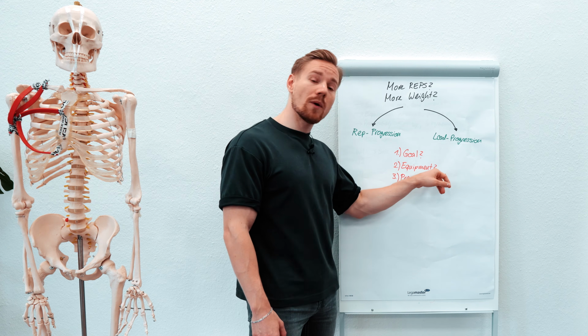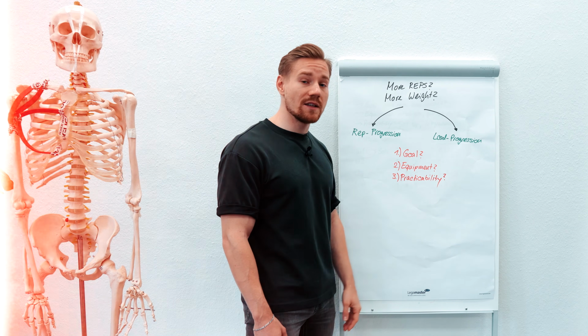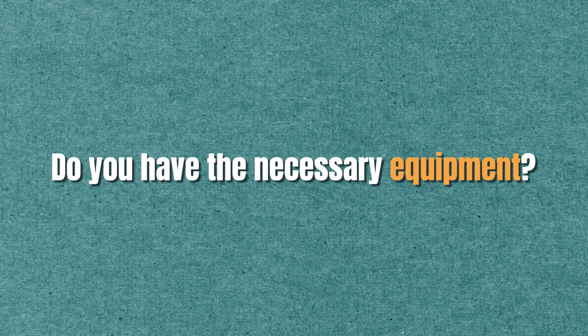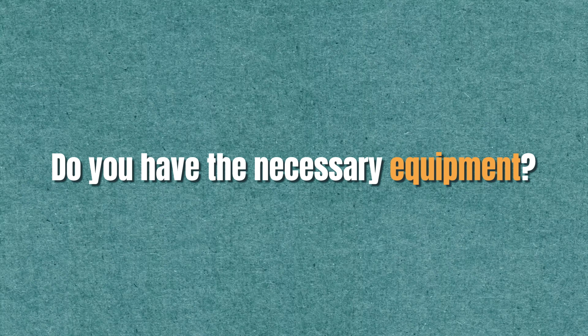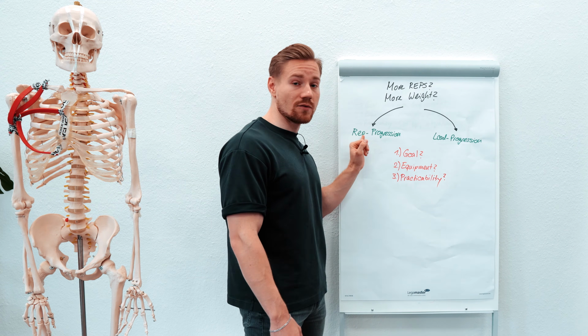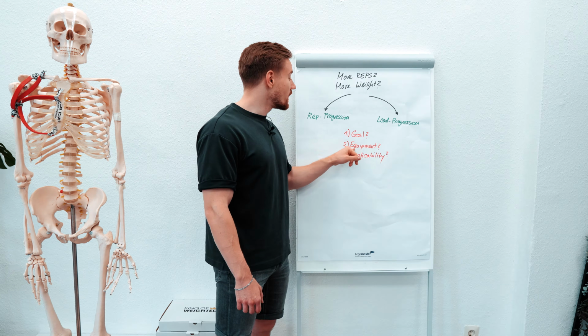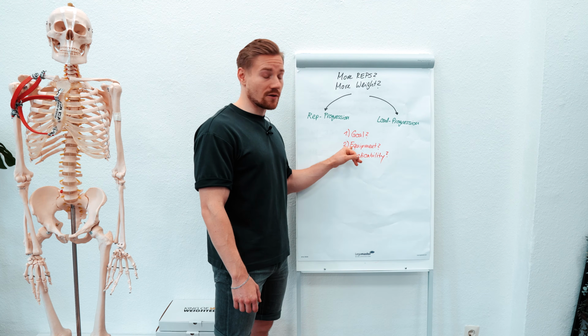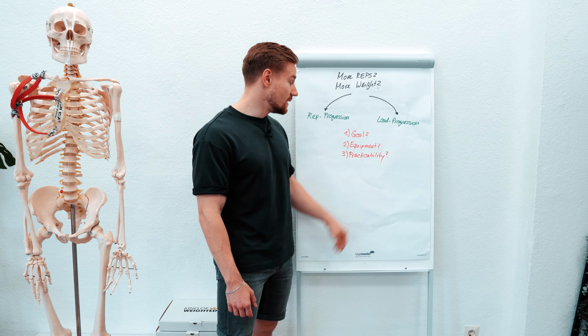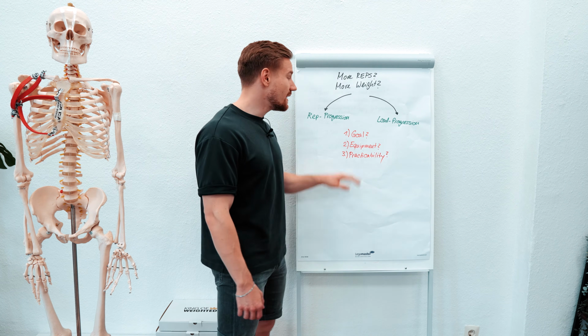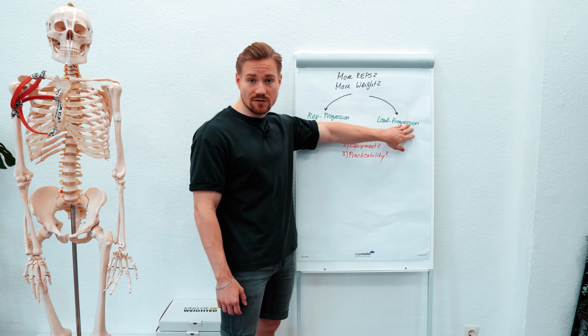Secondly, equipment. Do you have the equipment to load up an exercise, or do you not have the equipment and you need to increase the overload with a rep progression? So equipment is a big factor. Then practicability, meaning basically, is the exercise easy to load?